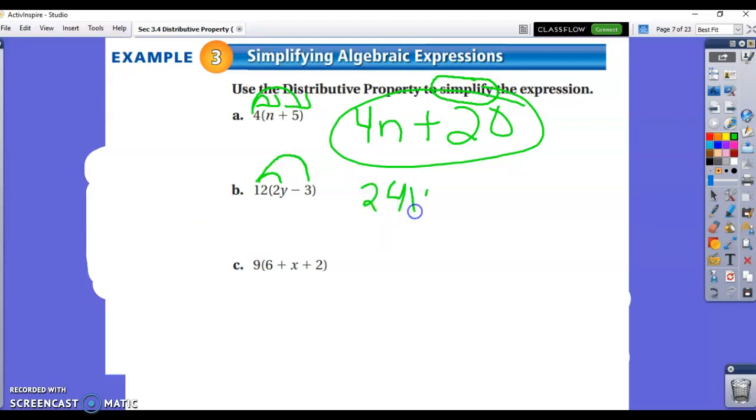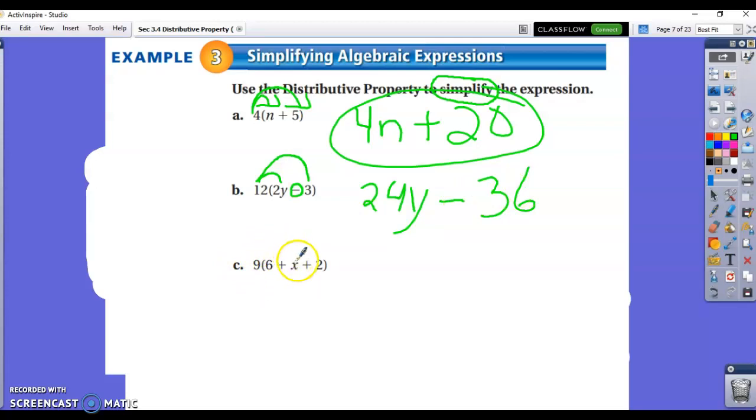Don't forget to keep the y. We're going to keep our sign so we don't forget that. So it's minus, and then we go 12 times 3, which is 36. So to simplify this expression, it would be 24y minus 36.